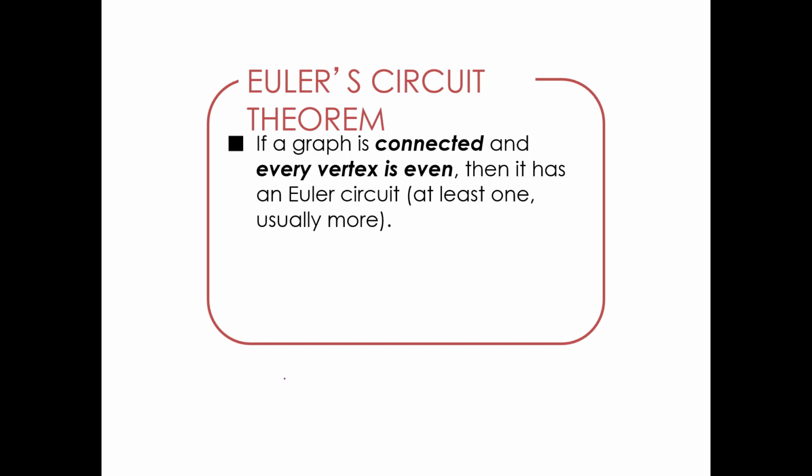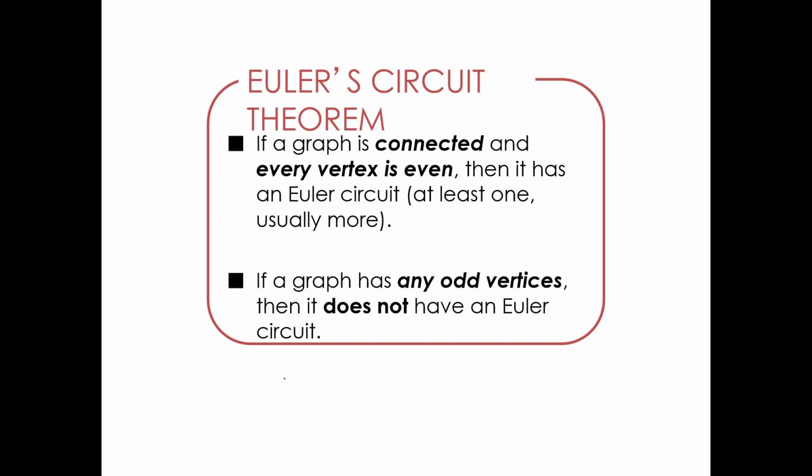We have some theorems that are going to be useful and you should know. An Euler circuit is a circuit that passes every edge in a graph without retracing an edge. If a graph is connected and every vertex is even, then it has an Euler circuit, at least one, usually more.